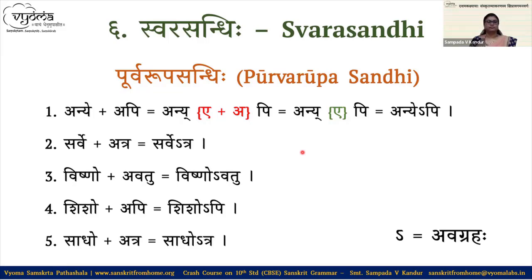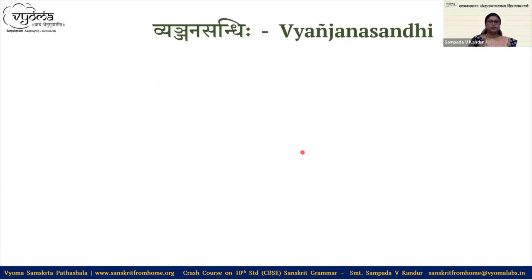Sarve plus atra, sarvetra. Vishnu plus avatu, Vishnovatu. Shisho plus api, Shishopi. Sadho plus atra, Sadhotra. Yes, very good. So this is Purvarupa Sandhi. When we get this, at that time we get Purvarupa Sandhi.